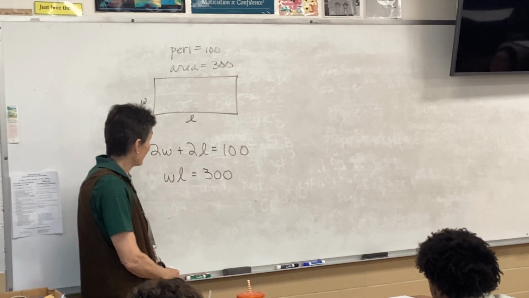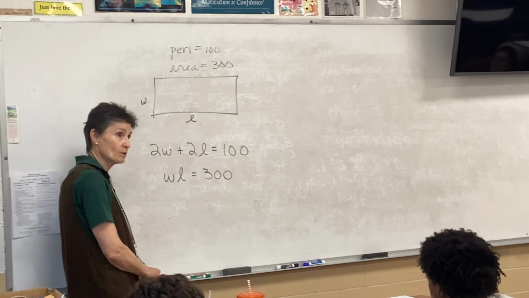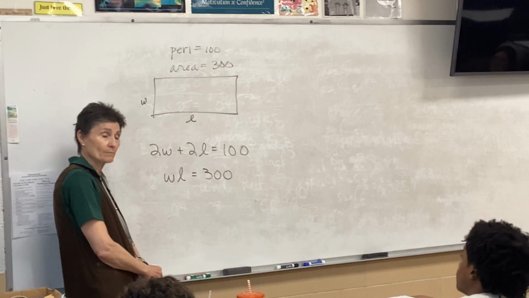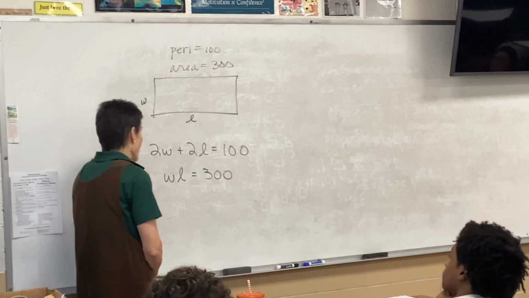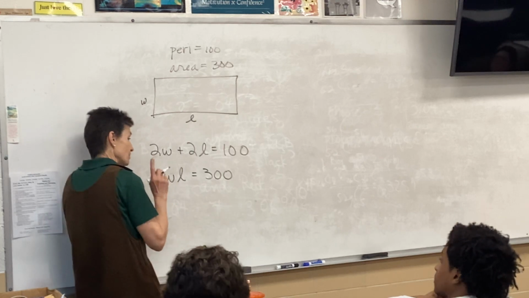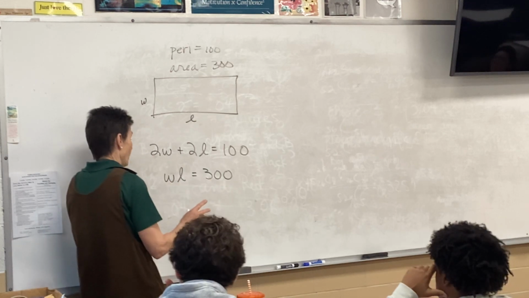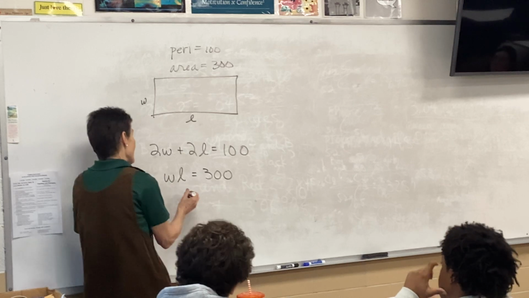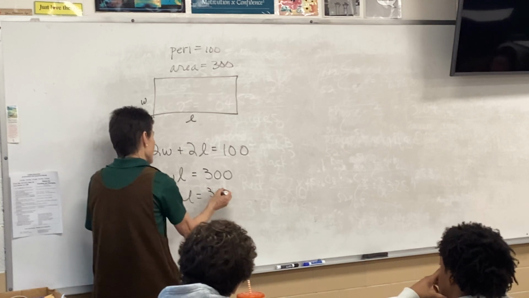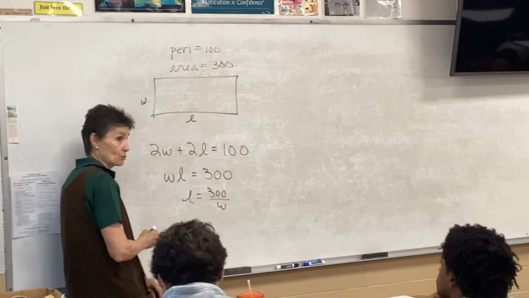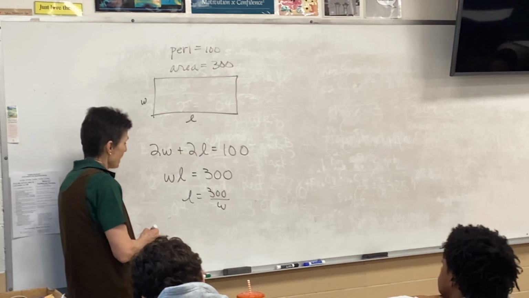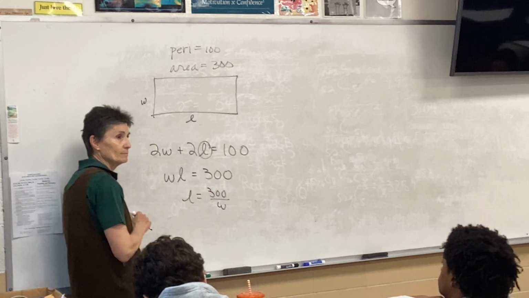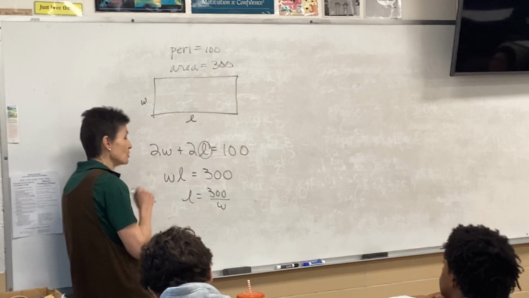So let's look at that. I think substitution might be a good idea. I could, and again, you've done this a lot, you do whatever you want, but I could say that L equals 300 over W, that's a true statement. And then I could put that right here. Substitution.